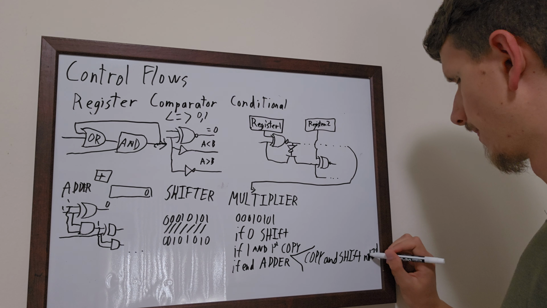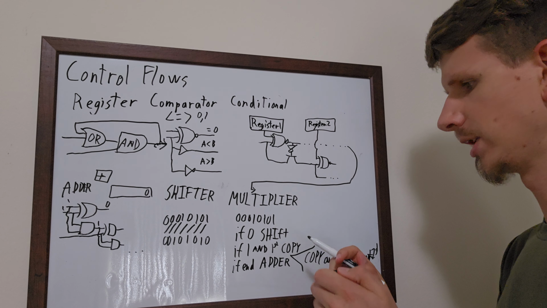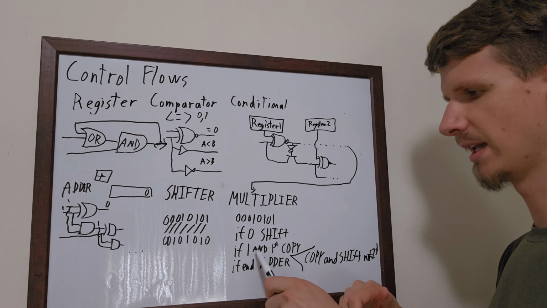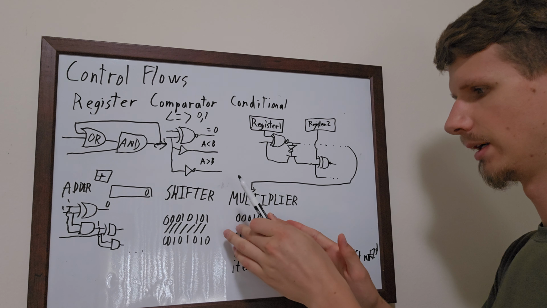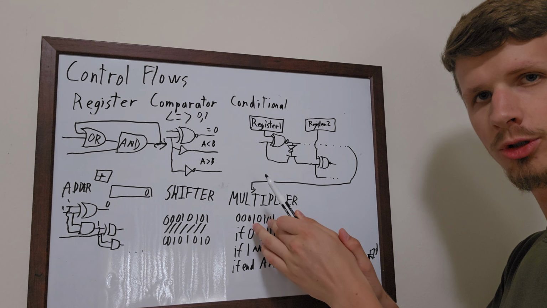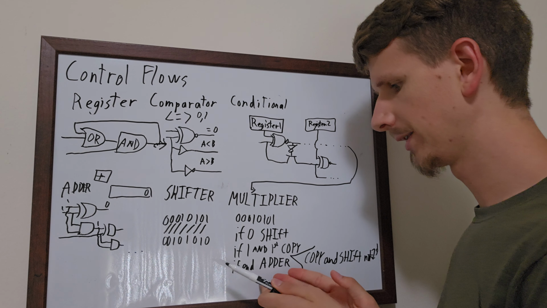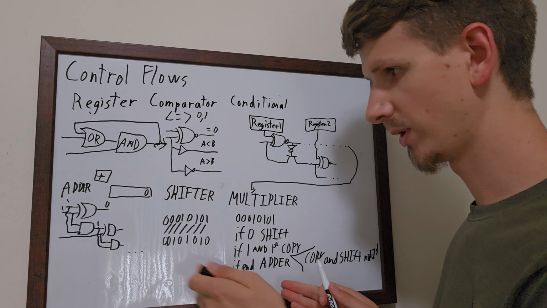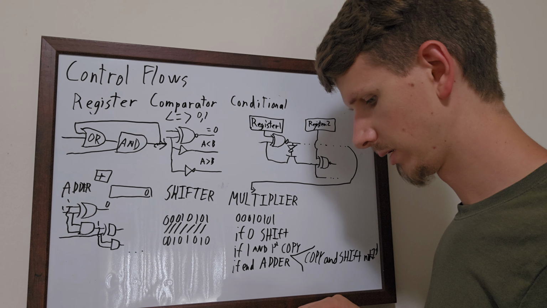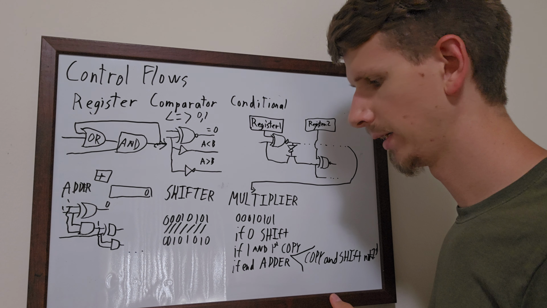Yeah, so basically if you're not dealing with the first, then you copy, if it's 1, then you copy the numeral and you shift, and then you add them all together with the adder, and voila, you have it.